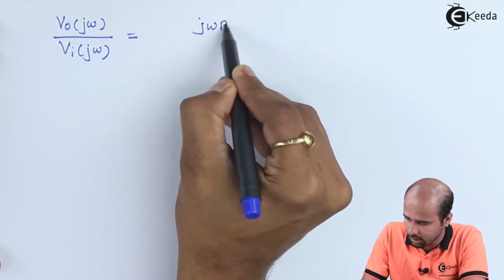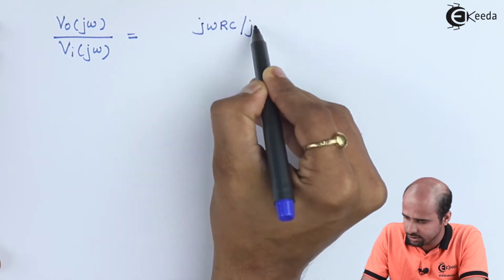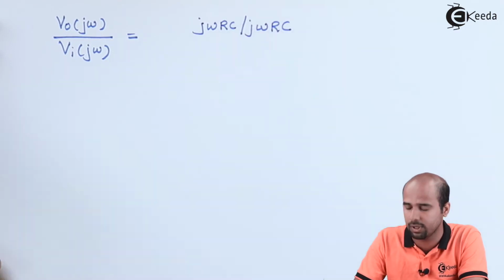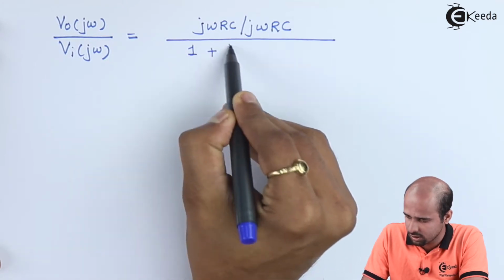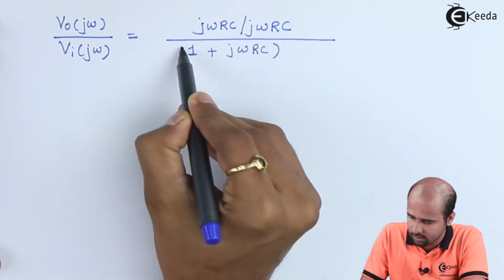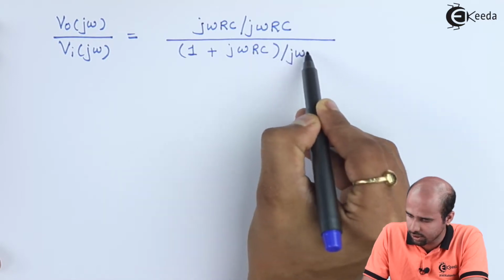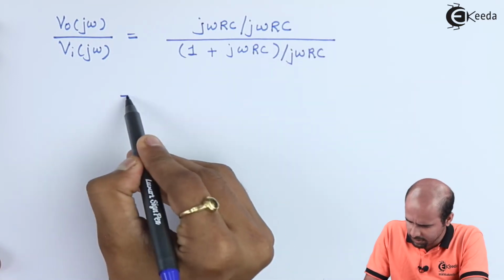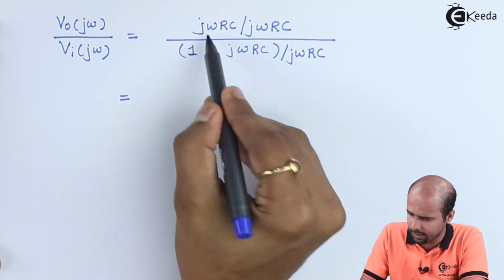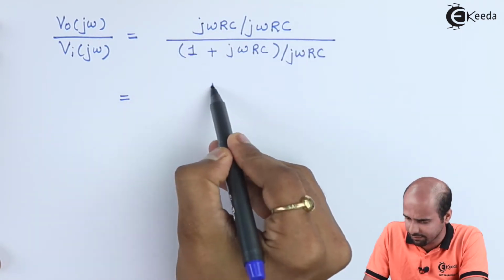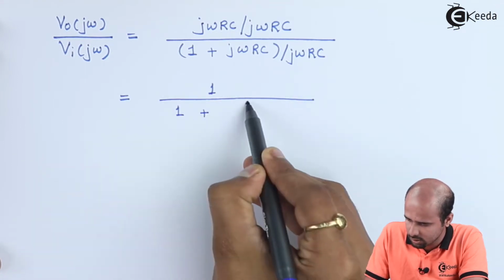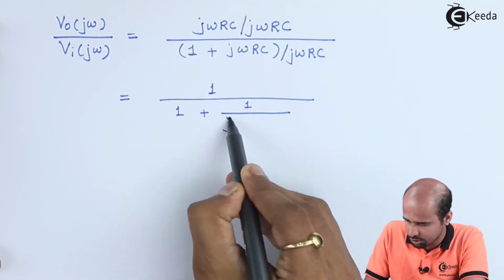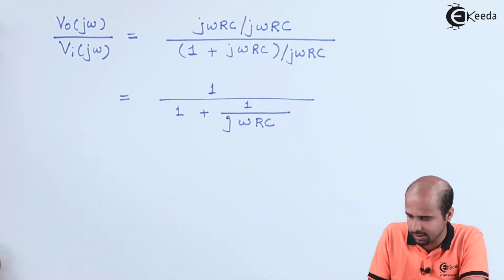I'm dividing both numerator and denominator by J omega RC. Then we will be getting 1 plus J omega RC in bracket divided by J omega RC. Simple thing. So these two will cancel each other and then we will be getting 1 upon 1 plus 1 upon J omega RC. Clear?